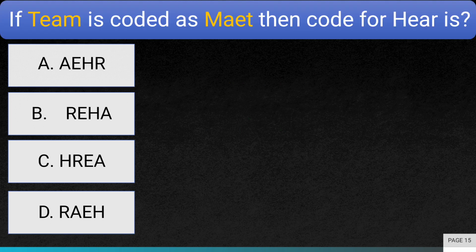If team is coded as MAET, then what is the code for HEAR? It's very easy. Options are given here. Then you have to just make a comparison with team coded as MAET. So if you will compare, you will find out that the alphabets are reversed, right?